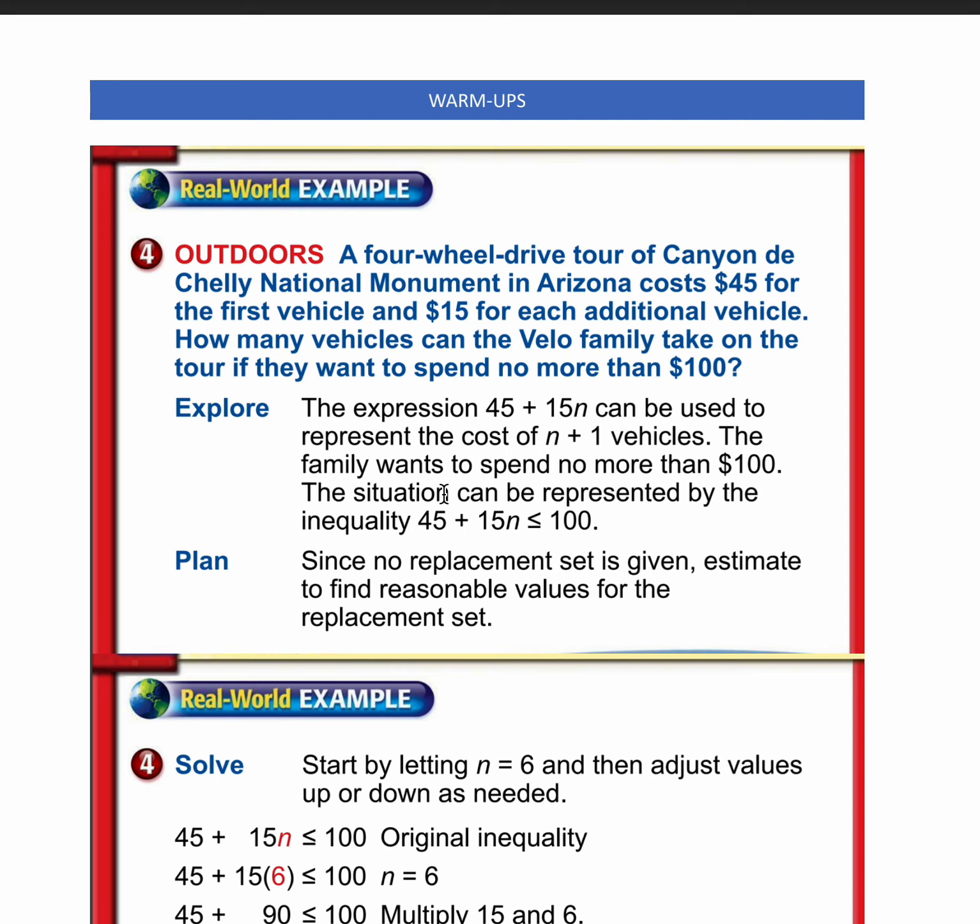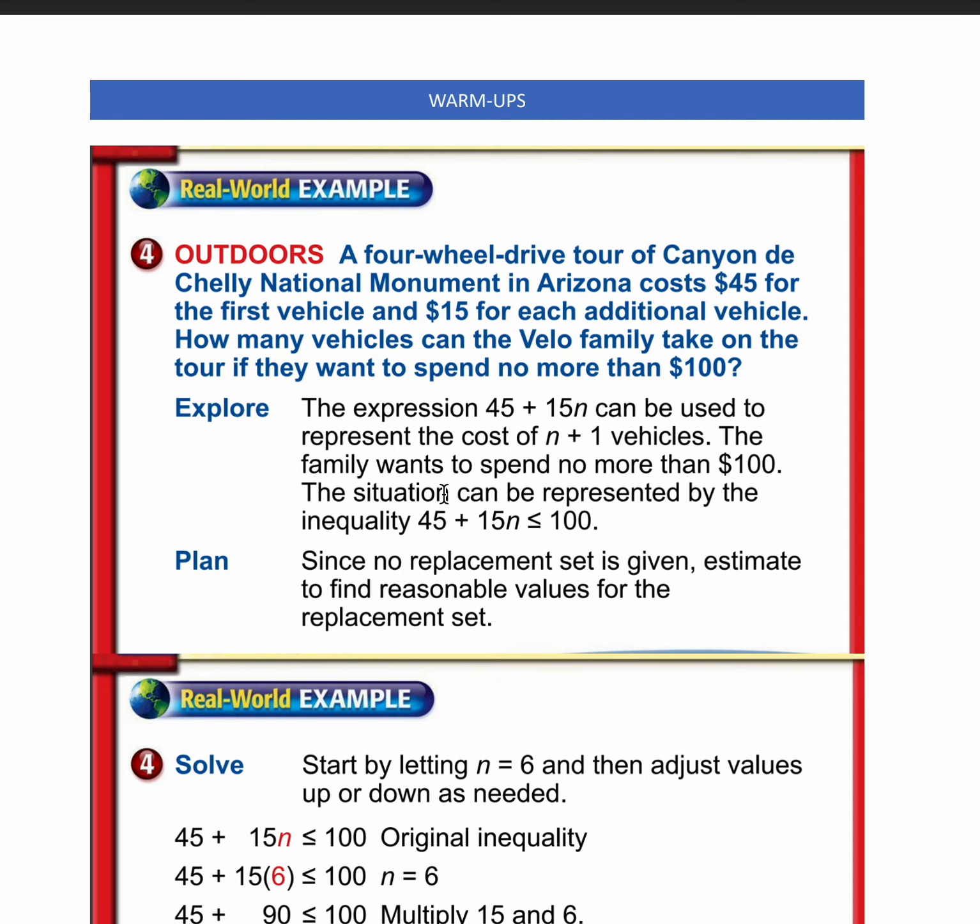So what they're saying is the cost of one vehicle is $45, and if you have additional vehicles that you're taking in as a family package, they're going to charge you $15 for every other vehicle.